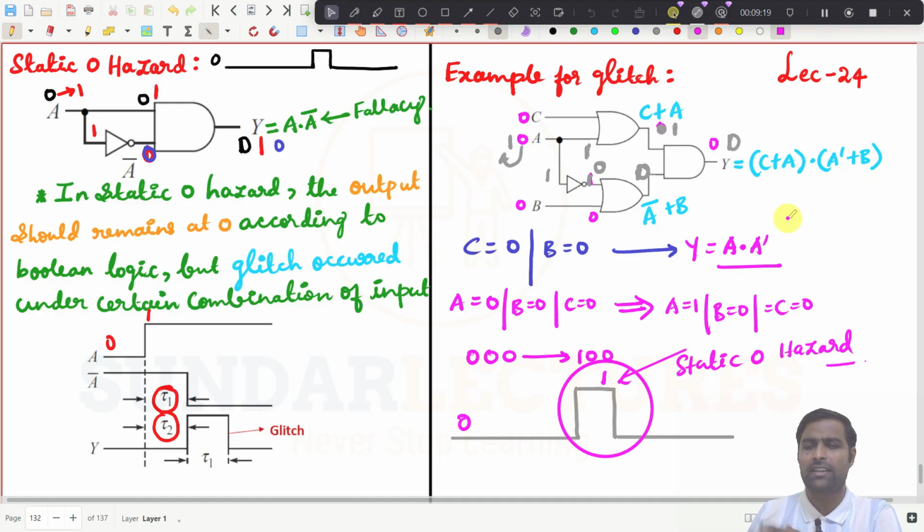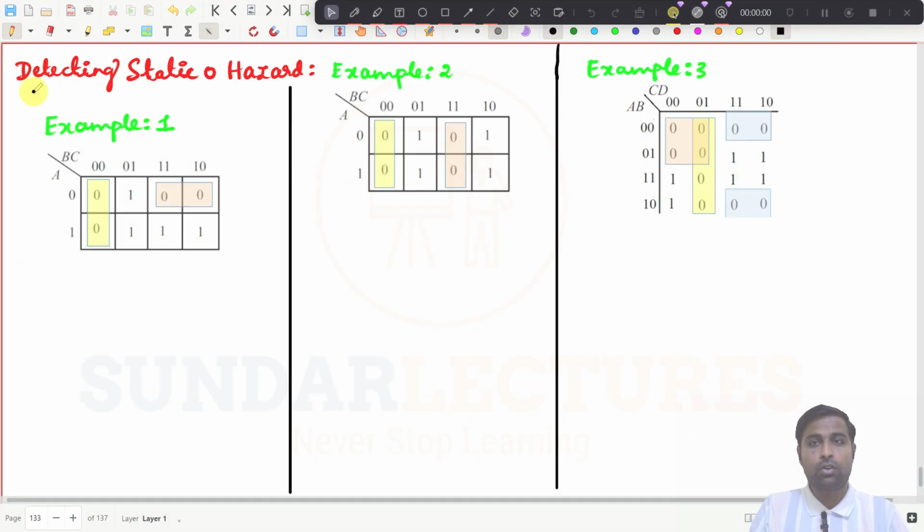You have to put 0, 1 and then only you can find this. But what you do is just directly put it in the Karnaugh map. You can easily find whether the glitch will be there in the circuit or not. A glitch, which here means static zero hazard. That we will take examples of now. So now you see we have taken an example here.